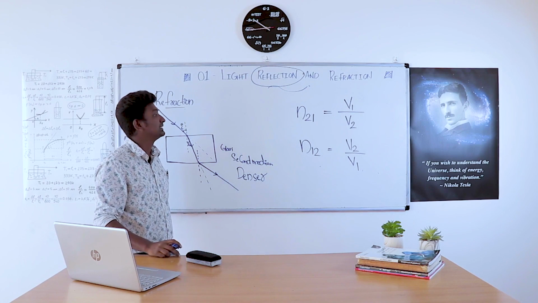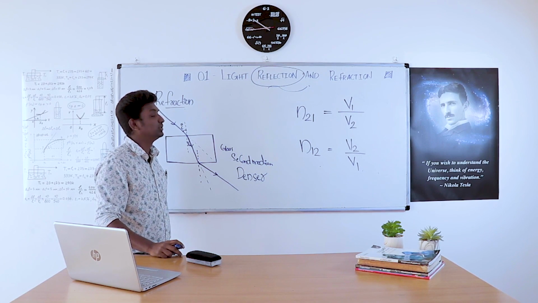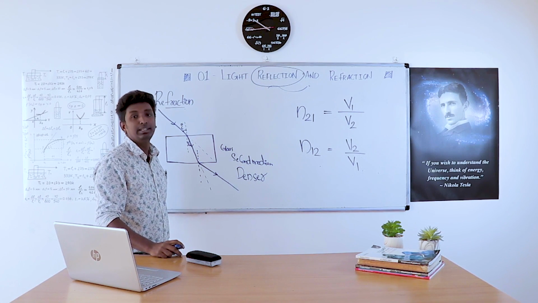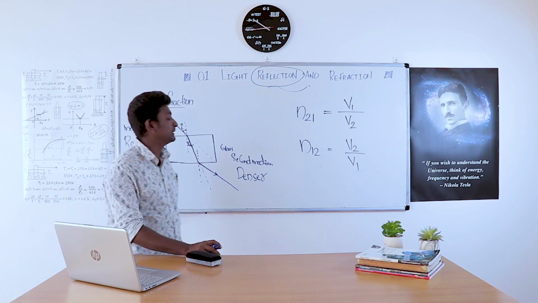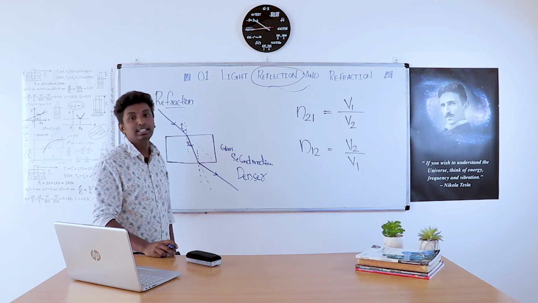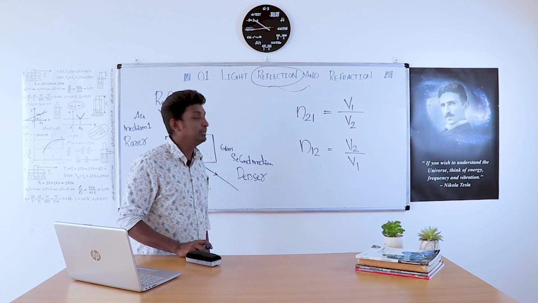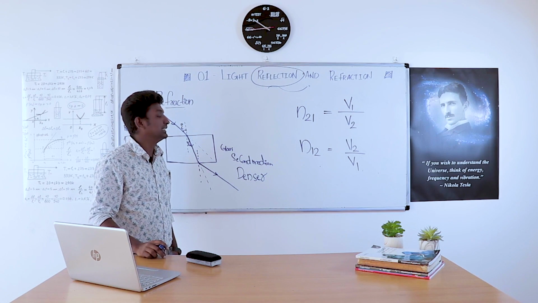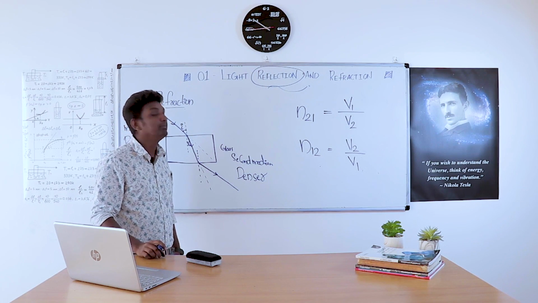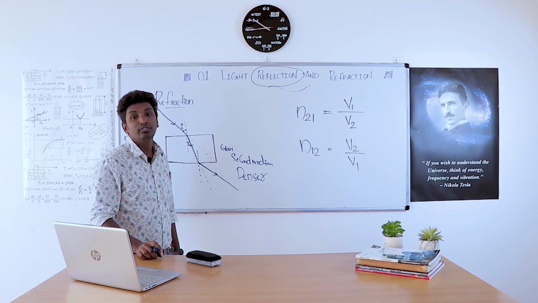So N12, the refractive index of medium 1 with respect to medium 2, is defined as the ratio of the velocity of light in medium 2 to the velocity of light in medium 1. That is, N12 is equal to V2 by V1.